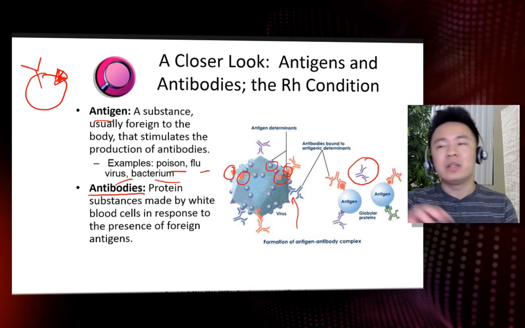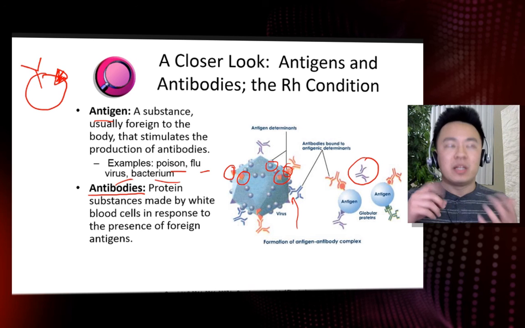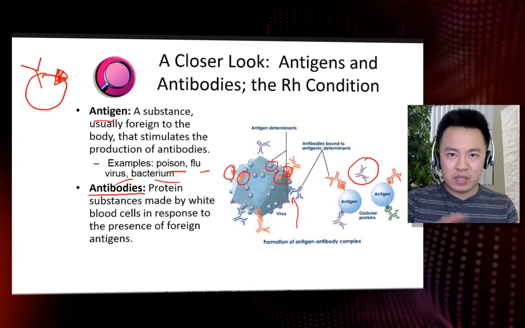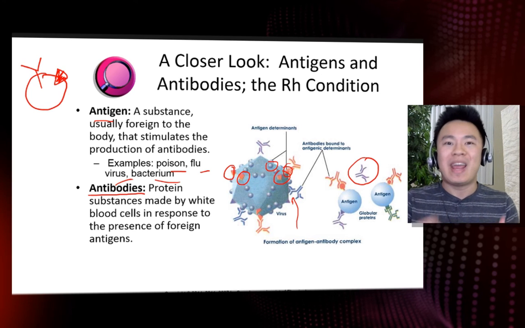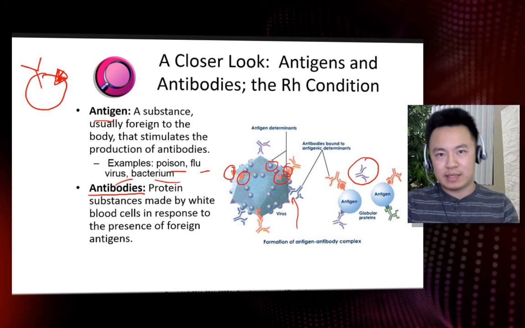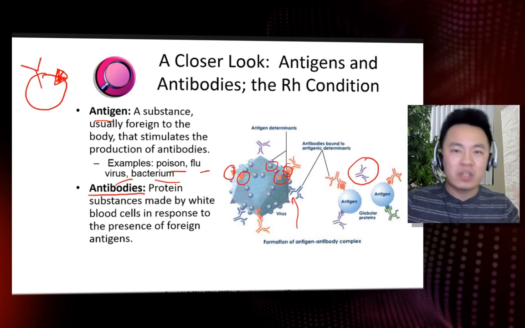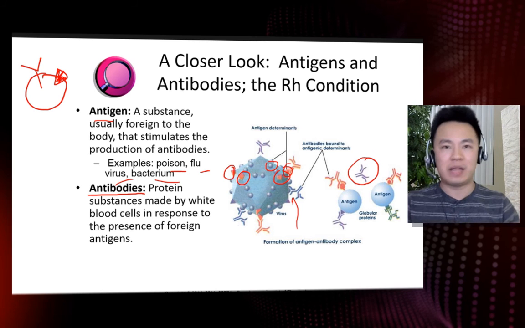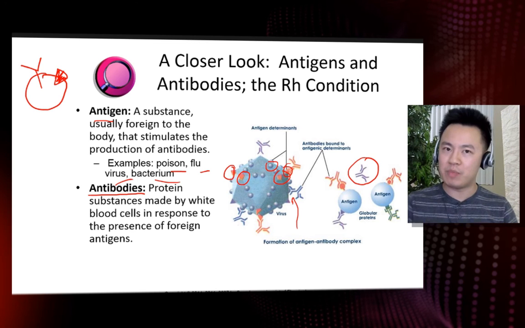However, for all intents and purposes, blood types A, B, etc. are considered to be antigenic because they can produce an immune response. They can stimulate the production of antibodies in various cases for other people out there. So in the medical field, they just lump them all in one, call them all antigens and be done with it. So just keep that in mind as you are studying this further.